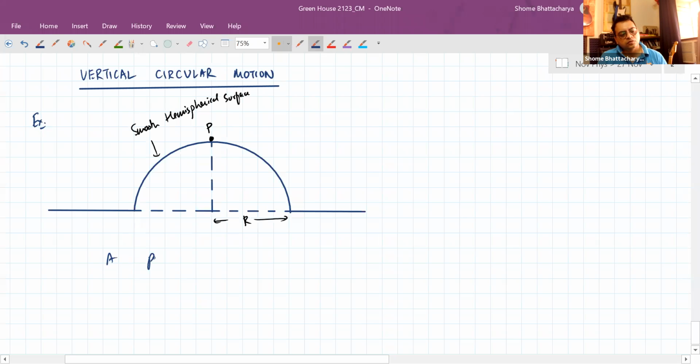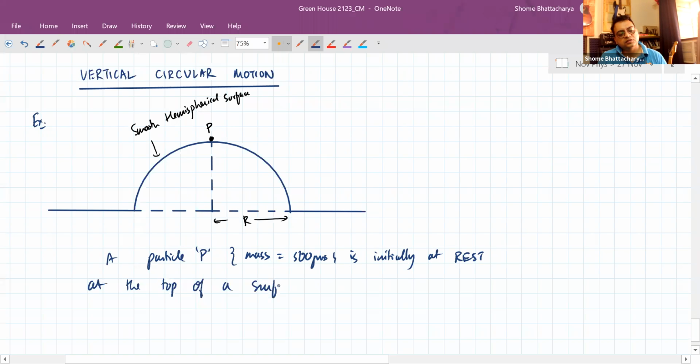So a particle P of mass, let us say 500 grams, is initially at rest at the top of the surface, which has a radius equal to 20 meters.